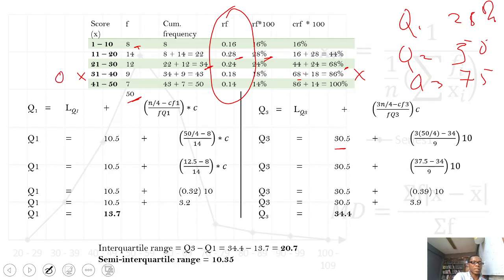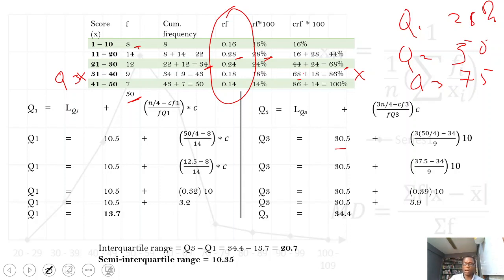Don't forget, this is our Q3 class. The cumulative frequency before that is 34, and so that's why we have 34 there. And then we will divide that by 9. 9 is the frequency for our Q3 class. Our class interval, our class width is 10, so we will replace C with 10.